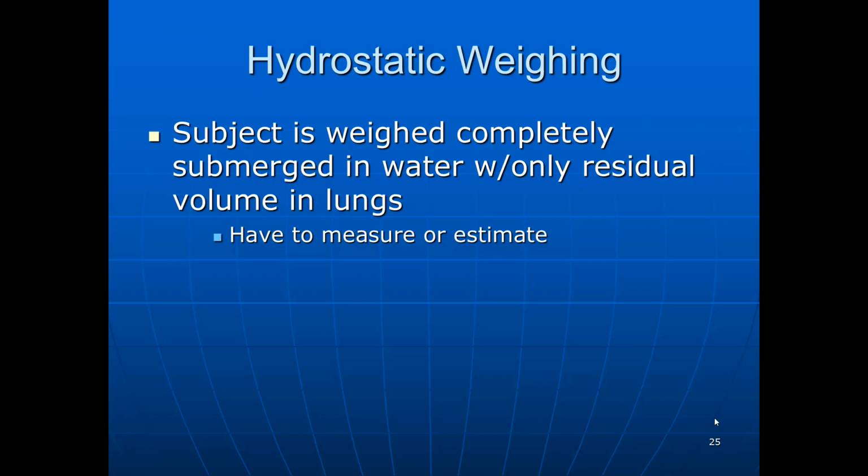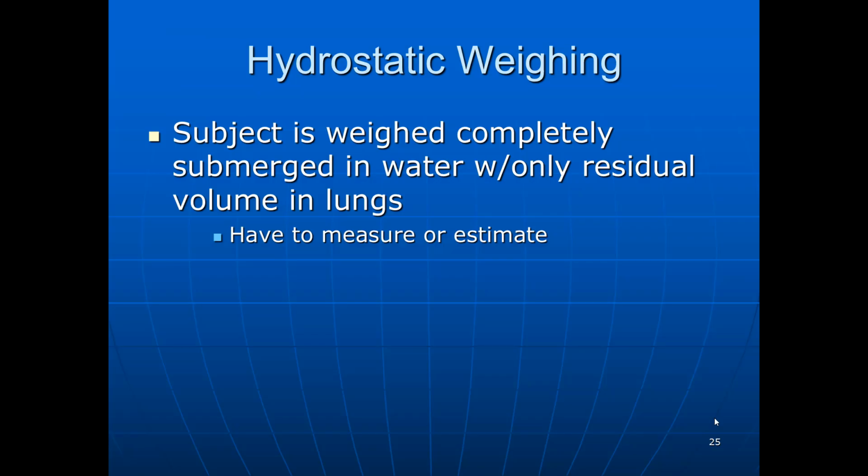When we do this technique, I'll show you a picture, and you may see this in the lab also. You weigh someone on land on a regular scale, and then they have to be weighed underwater. They have to be completely submerged, and when they're underwater, they have to exhale as much air as they possibly can, because the air in their lungs could help make them lighter, and that could affect the results.